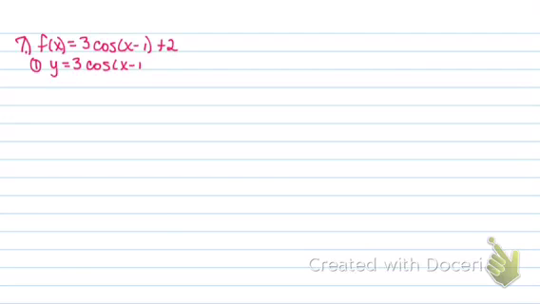All right, so example 7 says find the inverse and the domain of the inverse of f of x equals 3 cosine of (x - 1) plus 2. So remember, we're finding the inverse. Step 1 says change f of x to become y. So we have y equals 3 cosine of (x - 1) plus 2.